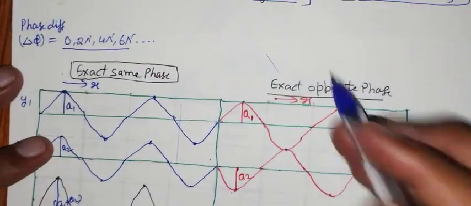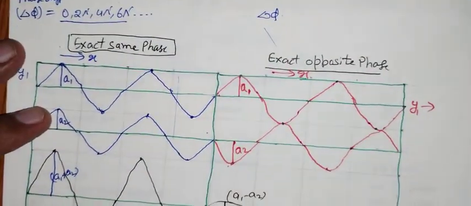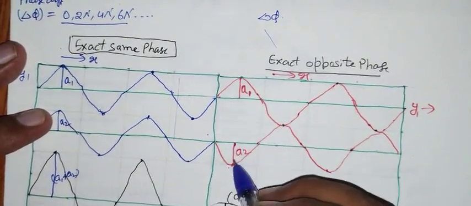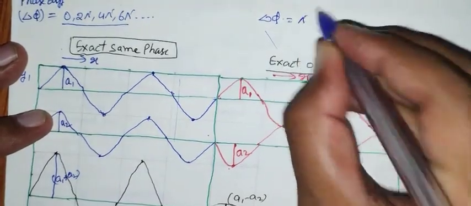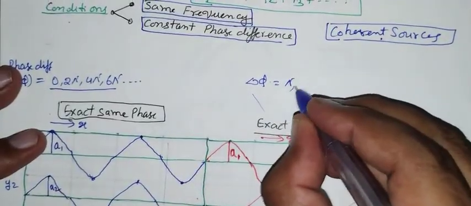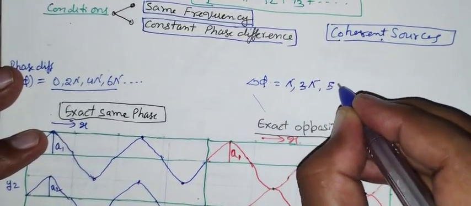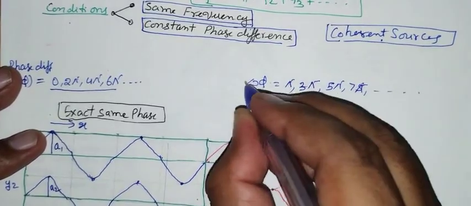But if the phase difference delta phi is like this, here upward, downward, it means there is a phase difference of pi. The same situation occurs when the phase difference is 3 pi, 5 pi, 7 pi, and so on.